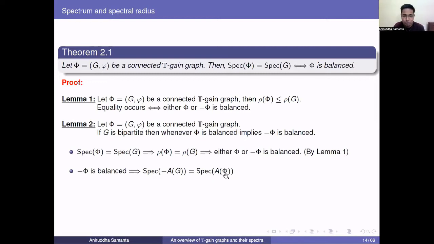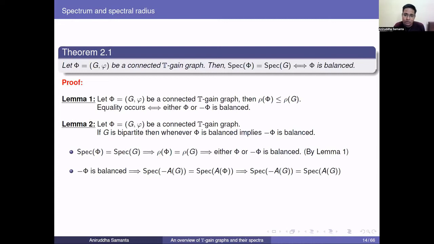And since the spectrum of phi is the same as the spectrum of G, the spectrum of minus A of G is the same as the spectrum of A of G. A of G means the adjacency matrix of the graph G. Anyways, that means the spectrum of the underlying graph G is symmetric about origin.